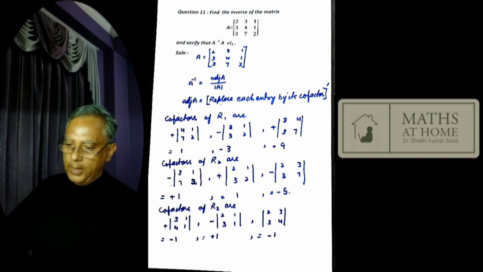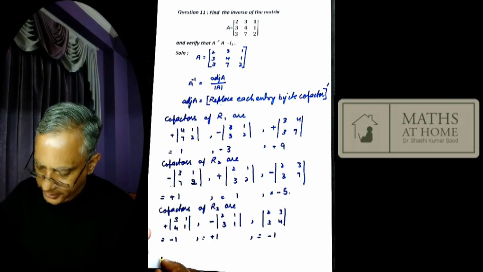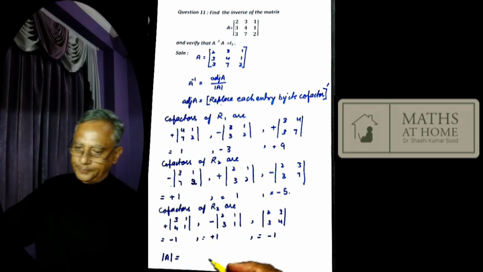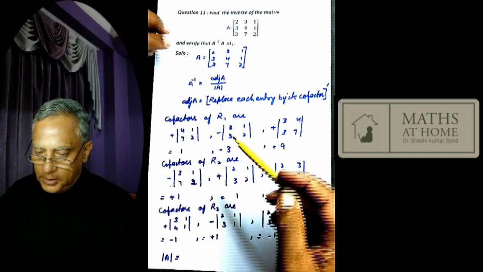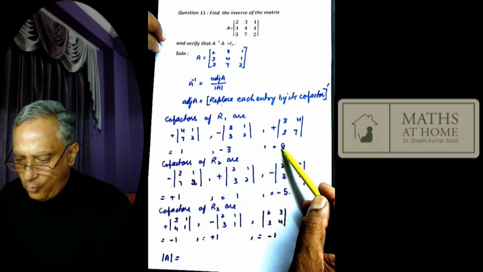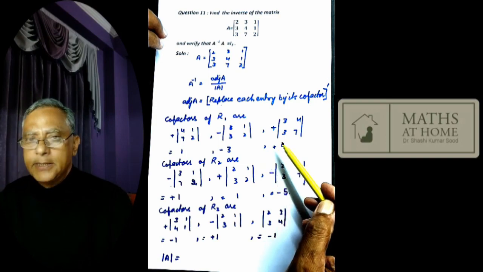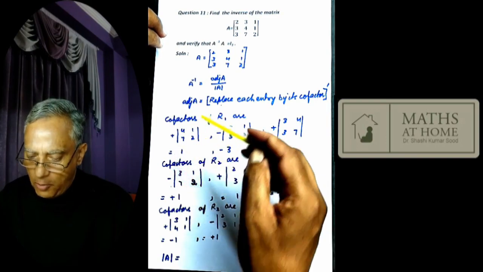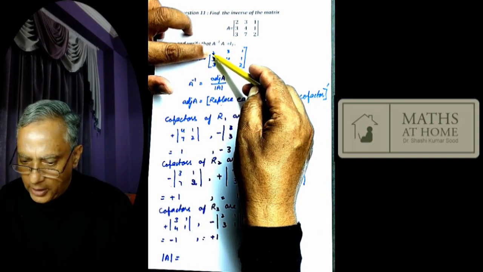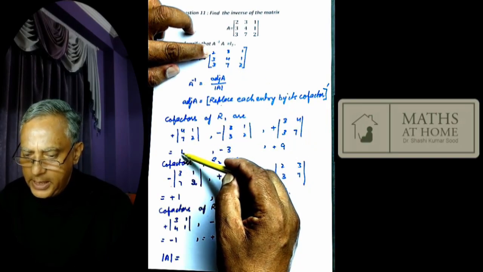So this is equal to minus 1. Now determinant of A. Determinant of A is equal to, now what we do, these are the cofactors of first row. So determinant is nothing but sum of products of the entries of a row with the corresponding cofactor.